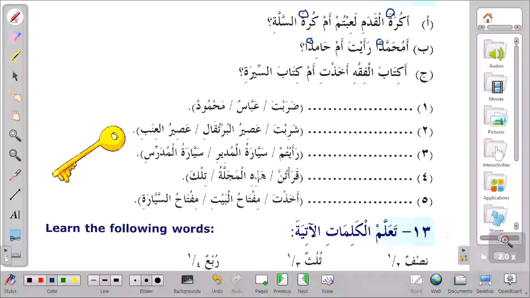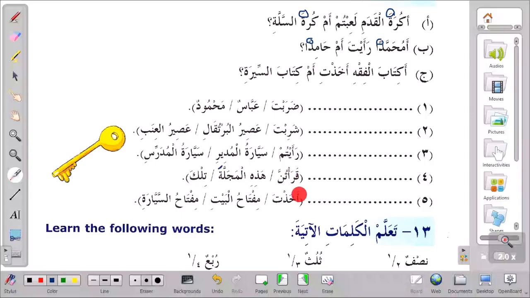So what will happen is that the na'at, the badal, the substitute that is following it, will take the fatha. The fatha will affect this one. So you are going to say, ahazihi al-majallata qara'tunna am tilka. I hope that is clear.